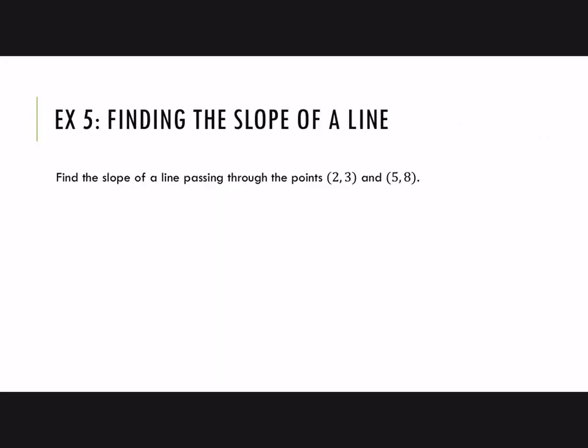Alright, let's practice. Find the slope of the line passing through the points 2, 3, and 5, 8. Alright, so I will choose this one as the first point as my x1 and y1, and then I'll choose 5, 8 as x2 and y2.